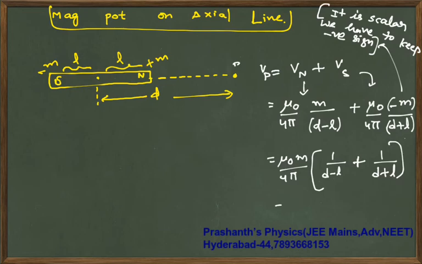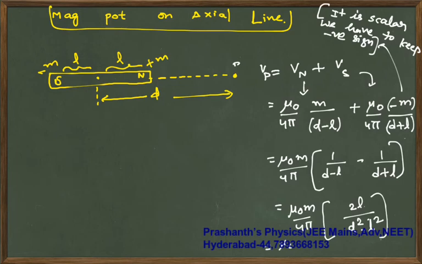Sorry, there is a minus sign here. So if I simplify, (d plus L) minus (d minus L) becomes 2L, and that gives mu naught m by 4 pi times 2L by (d square minus L square).